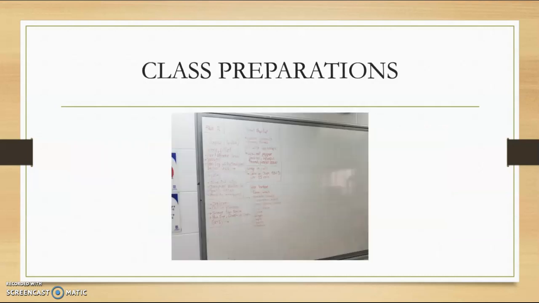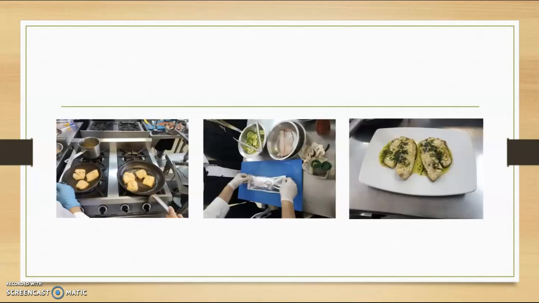After this, we have the class preparations: the tilapia grillé with ajillo español. We had salmon, we had trout papillote with vegetables and a tuna tartare that is very similar to ceviche.